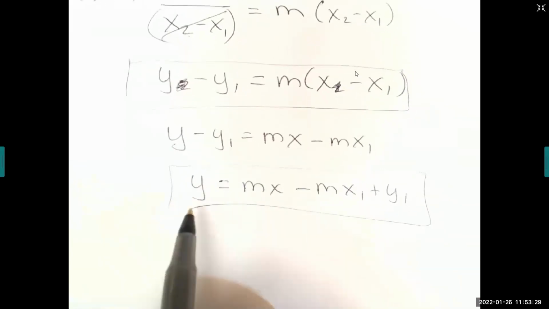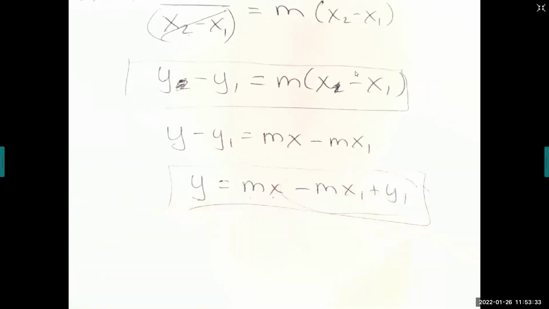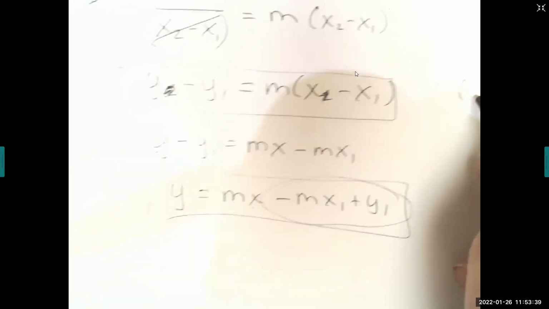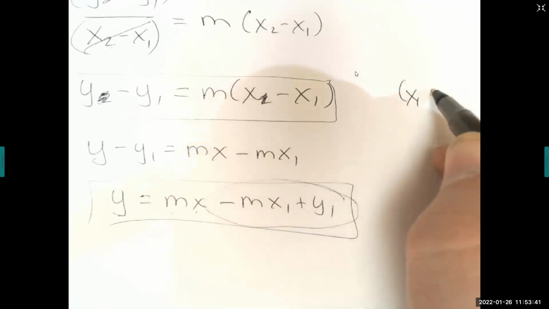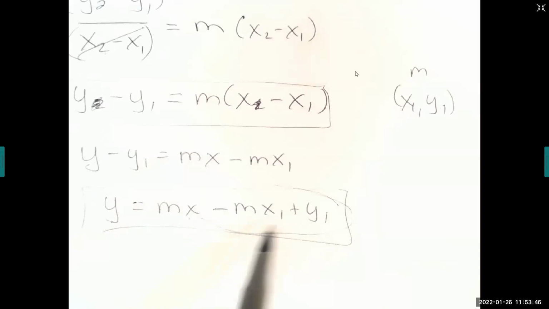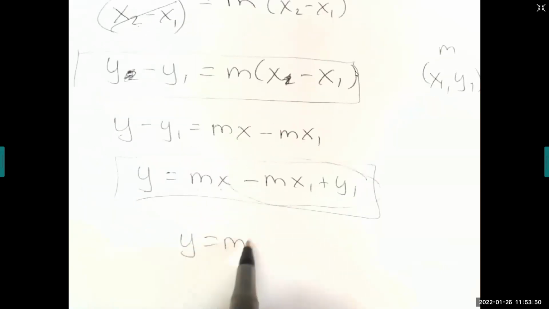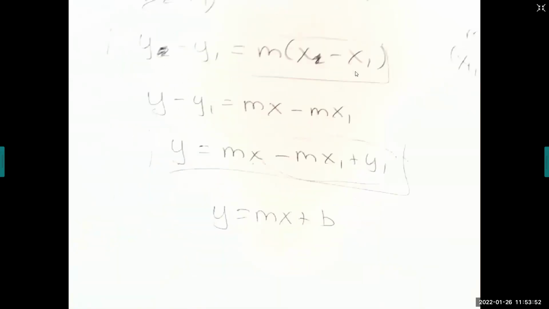It's point slope. And remember, all of these numbers are defined. They become a number. Your point that you're given is x1, y1, and you're given a slope. Those are all values. So this becomes y equals mx plus b.